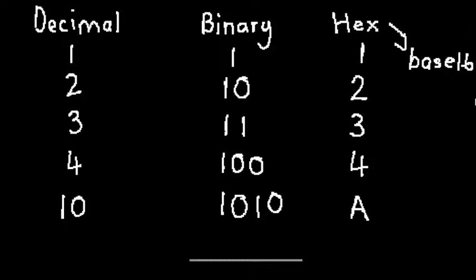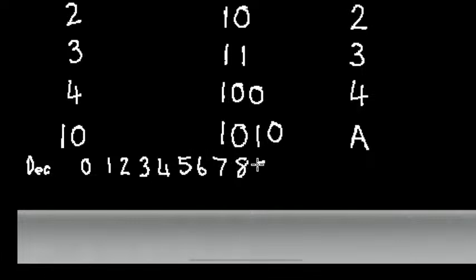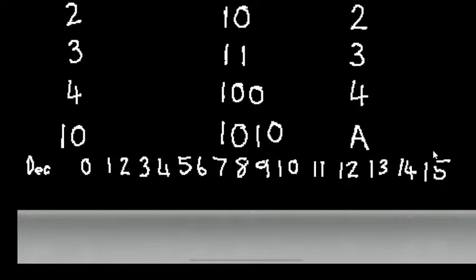So what happens is, in a normal decimal, we would go 0 and then 1, 2, 3, 4, 5, 6, 7, 8, 9, 10, 11, 12, 13, 14, 15.